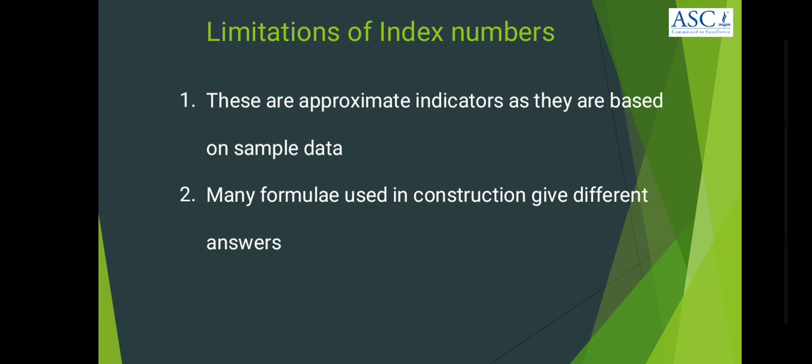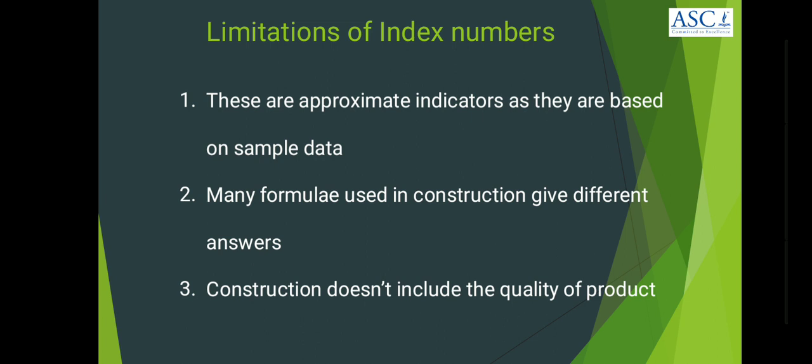Second limitation. As there are many formulae for index numbers, we get different answers for the same data. Hence, it is a challenge to select a proper index number formula for a data. Therefore, it is one of the limitations.